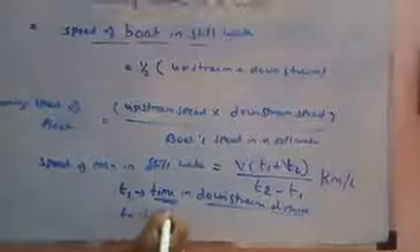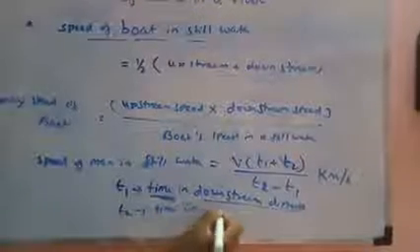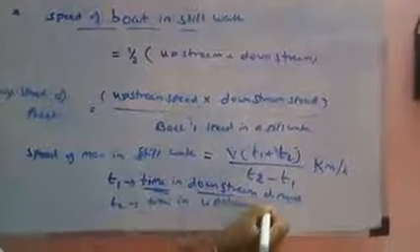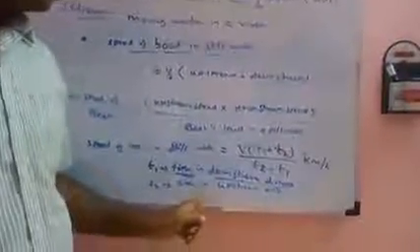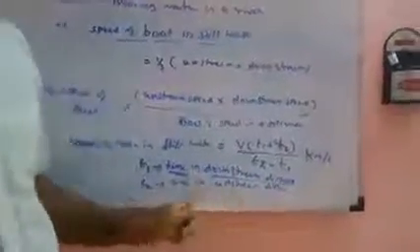T2 is the time in upstream distance. A person swimming against the stream covers a distance, and the corresponding time in upstream is T2.